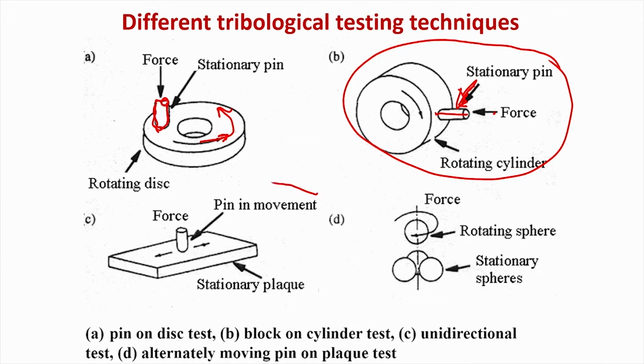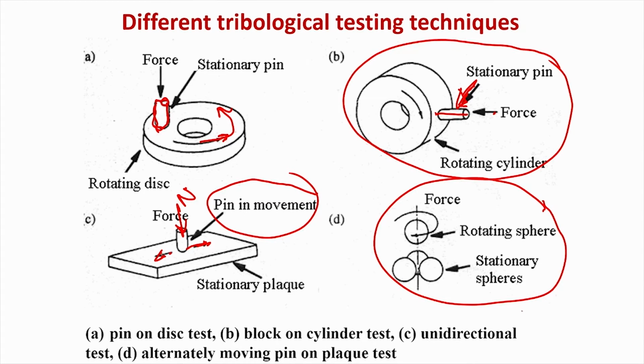This is called pin on plate. It is essentially a reciprocating, sliding motion. This is your force N. This pin is placed against that. And this is your four ball tester, where one ball is here and these are three balls. This four ball tester is widely used for lubrication testing.